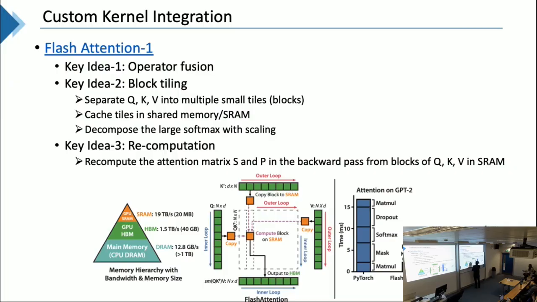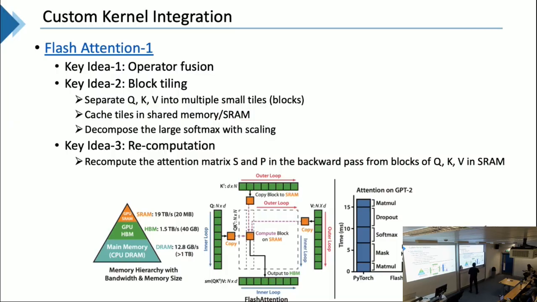For example, when I apply the softmax on the first block, I get E1. When I apply the softmax on the second block, I track the statistic of the difference between the max value of the first block and the second block. For example, we track E1 minus E2, so we know the difference between the first and the second block.